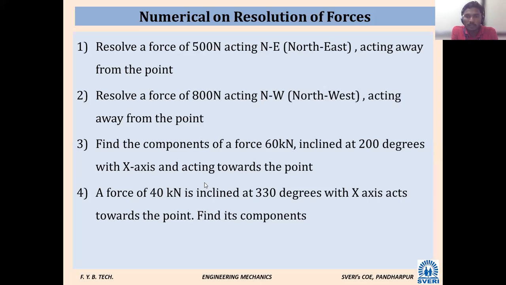Second problem, we are in the second problem now. Resolve a force of 800 Newton acting northwest, acting away from the point. Actually the problems are simple, but some of you still have a little confusion, so I will solve it here on the blank screen.